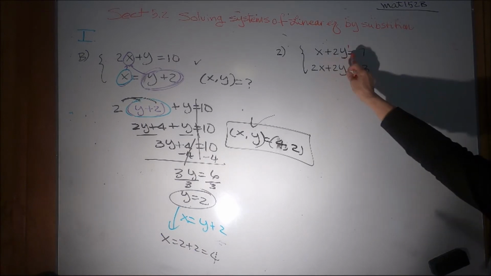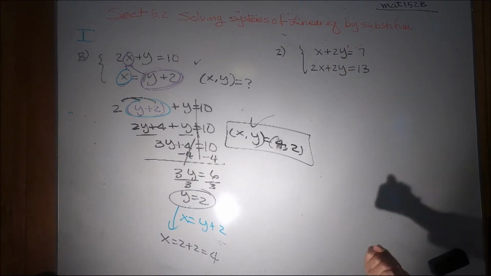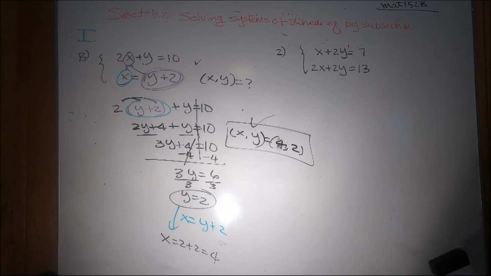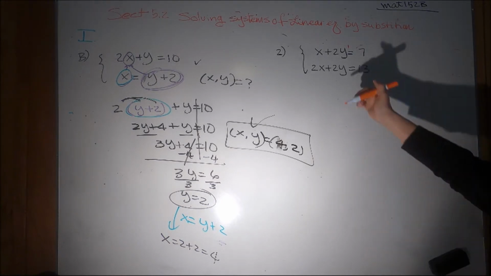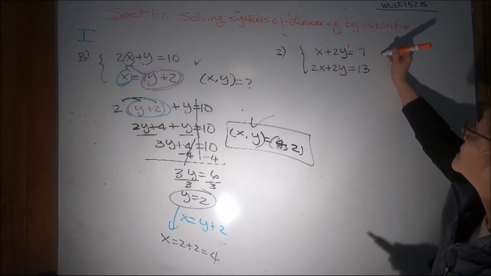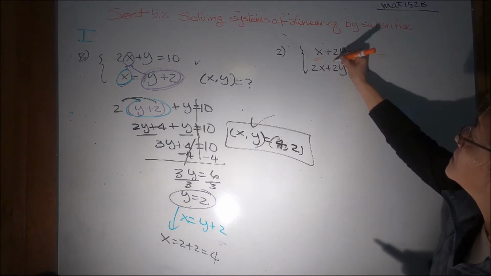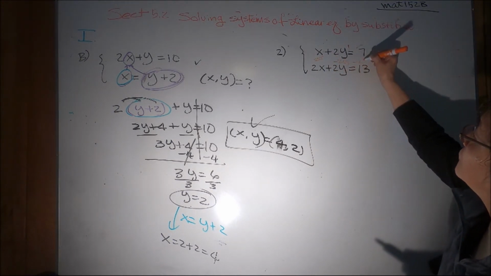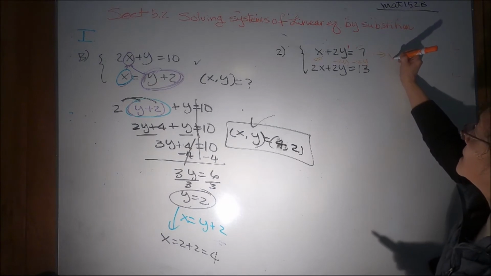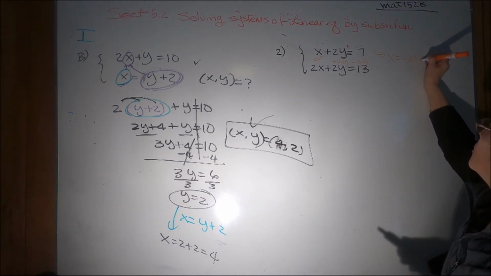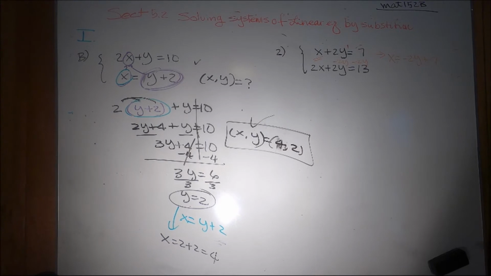If you do y, then you have to divide by 2. You have a fraction. Not a good idea. So we can just do this one, get x by itself. How do we get x by itself? We move y away. So x is negative 2y plus 7. Right?